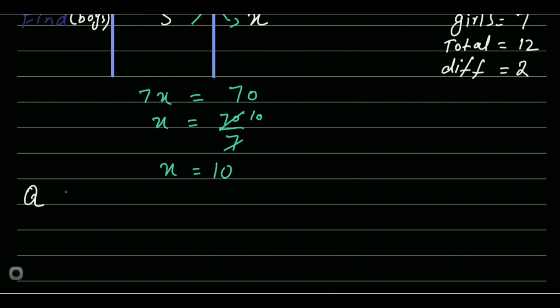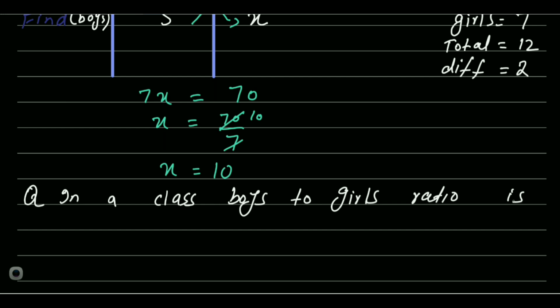So in a class, boys to girls ratio is 3:5.